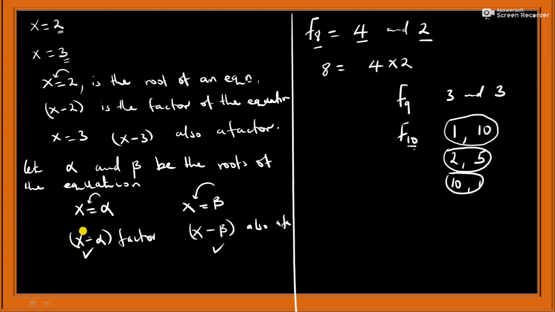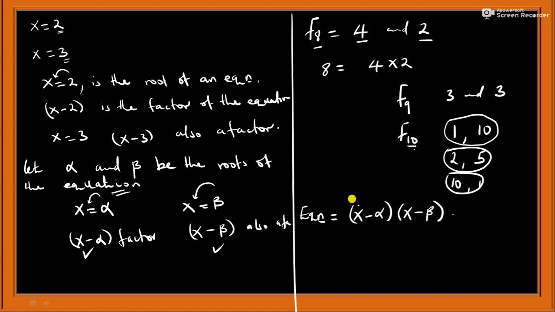So if x minus alpha and x minus beta are the factors of this equation, then the equation is given by the product of the two factors, which is x minus alpha into x minus beta. So this is our equation. The equation is given by the product of the factors.